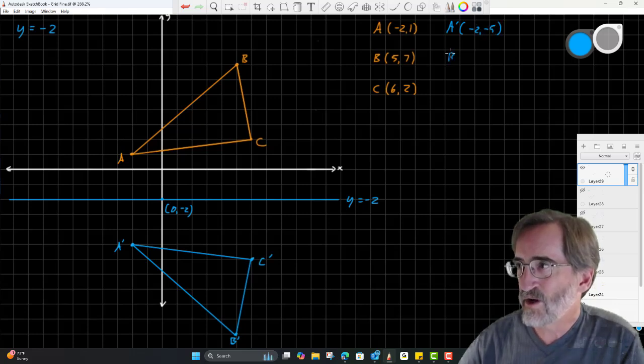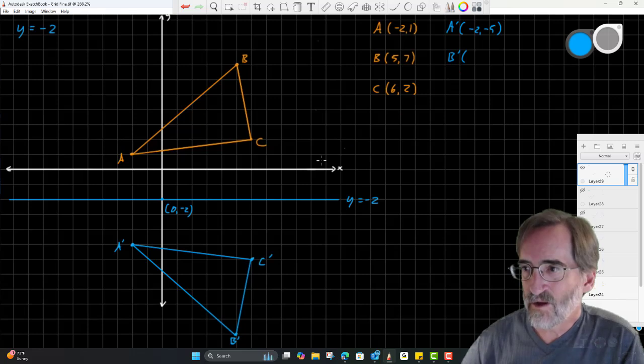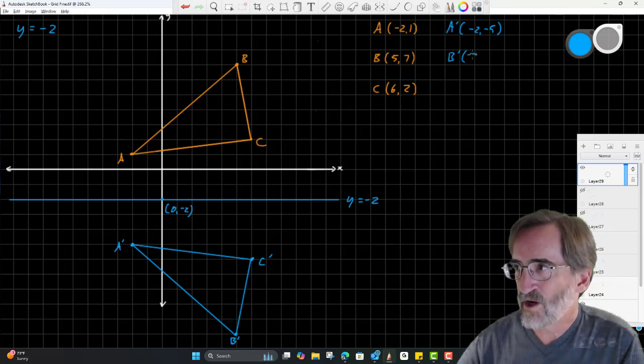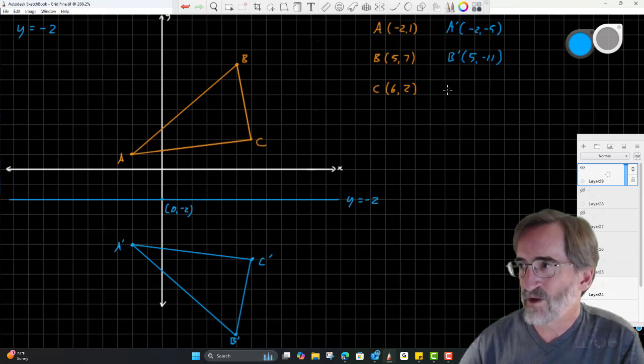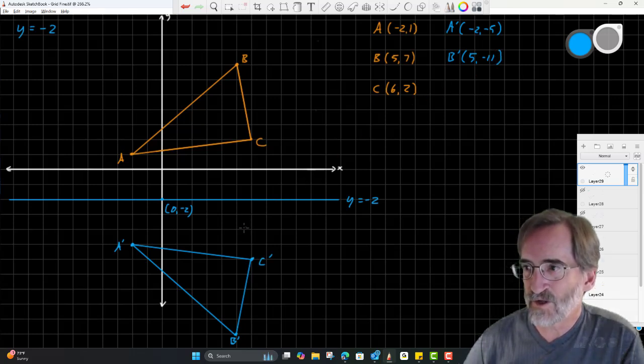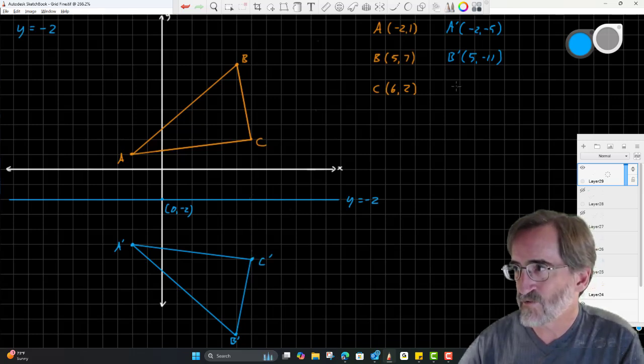And B prime is 5, -11. And C, 6, 2, has become C prime, 6, -6.